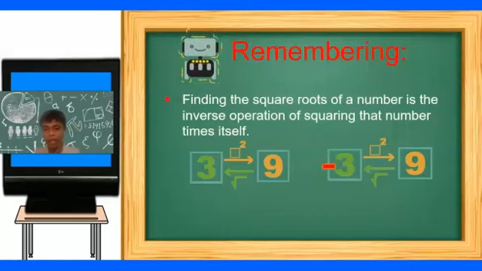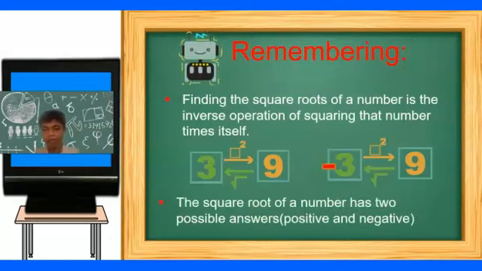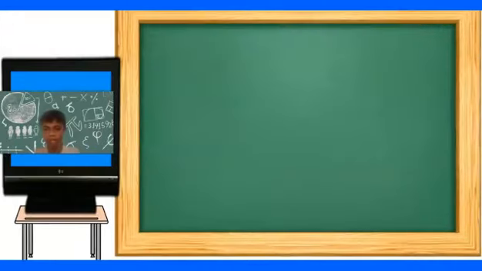So, negative 3 squared is equal to 9. Ang square root ng 9, may possible answer din, which is negative. So, ilan yung possible answers natin sa square root of 9? So, dalawa. Meron tayong positive at meron ding negative. So, the square root of a number has two possible answers, positive and negative. Take down natin yan.